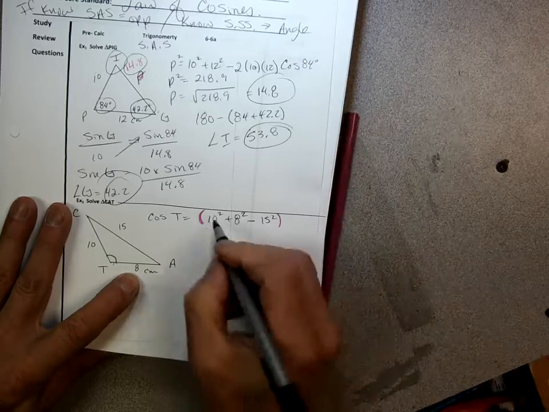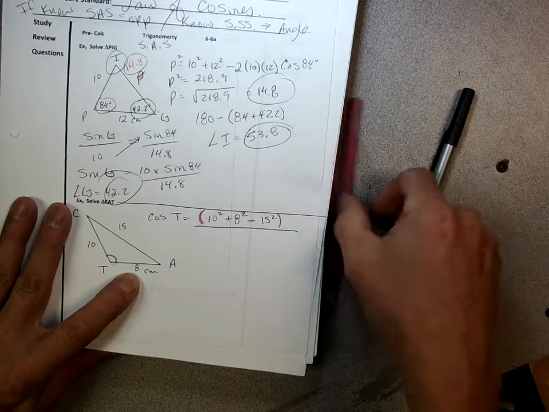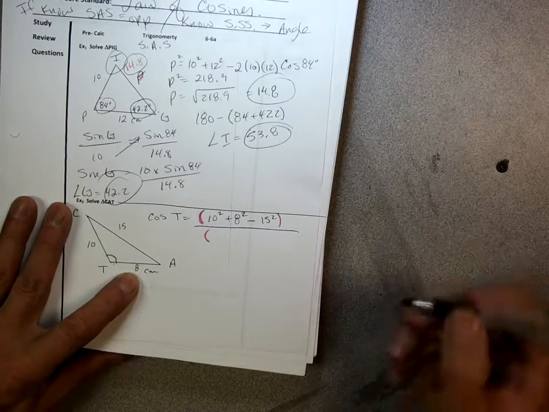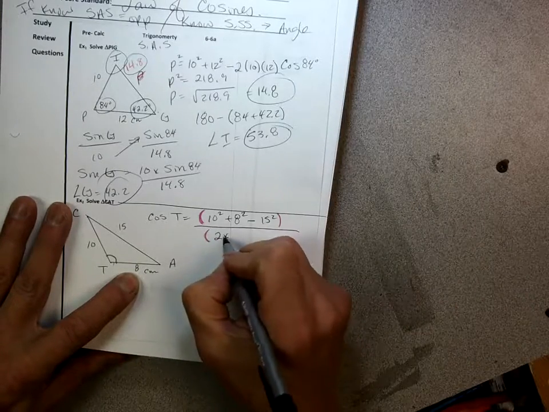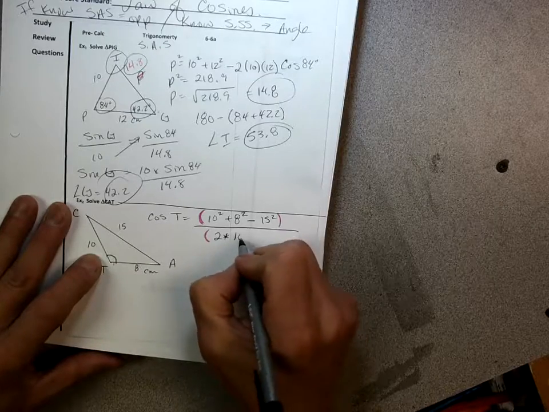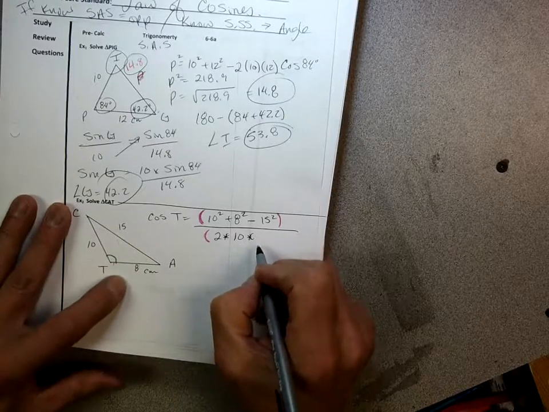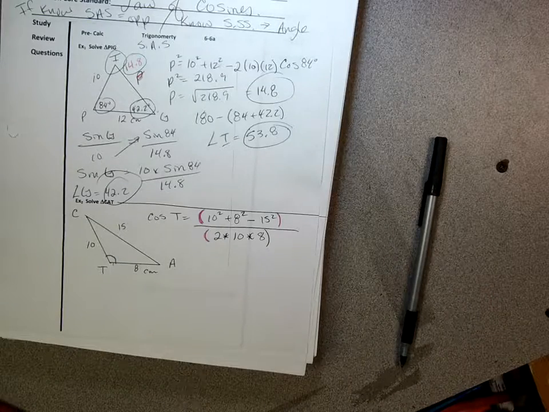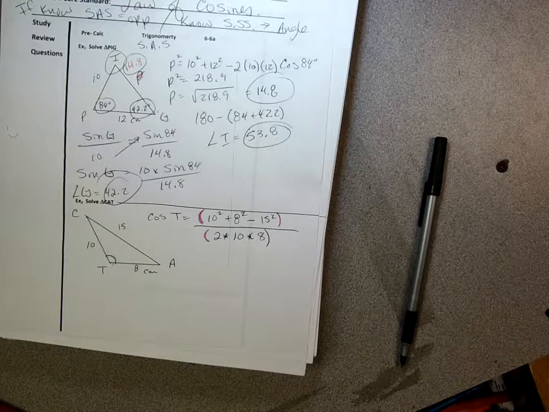Parentheses divided by parentheses. We've got to have parentheses in there. We're going to go 2 times my adjacent, which is my 10, times my other adjacent, which is 8. Okay, now we should get a decimal, right? Because we're going to try and find the cosine of an angle. We'll have to do the cosine inverse.